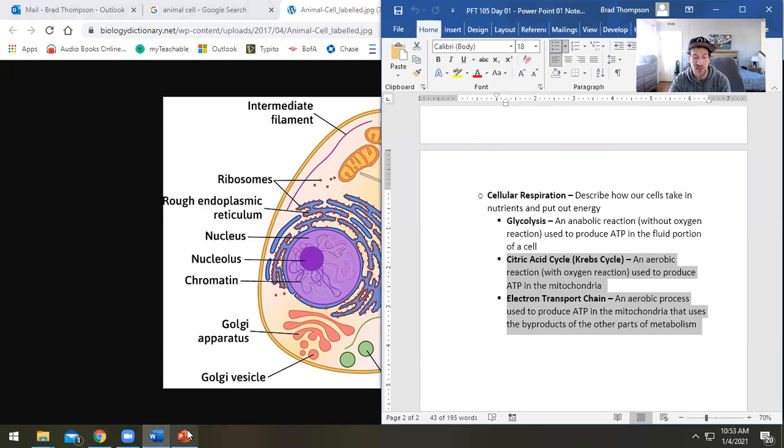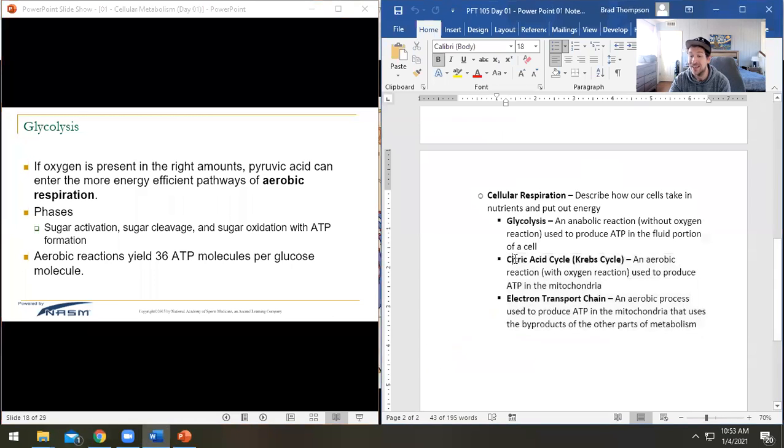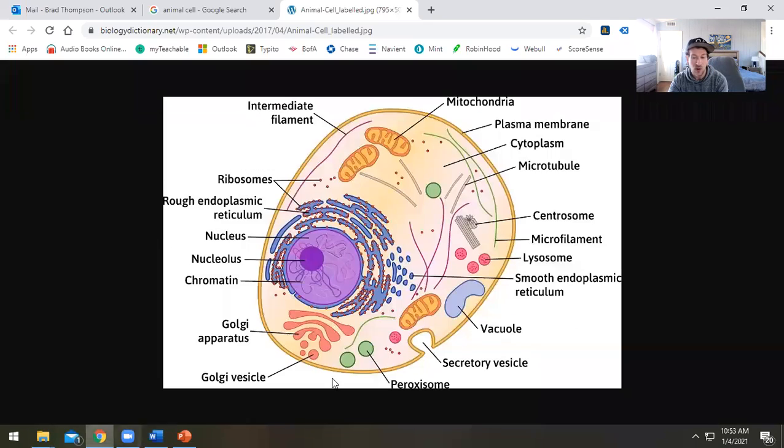And then the mitochondria is going to go through this process called the citric acid cycle. This is more commonly referred to as the Krebs cycle. It's named after Hans Krebs. He's the one who discovered it. And that's going to produce some more ATP. So now lactic acid and oxygen go in from that initial glucose molecule, and it spits out some ATP.